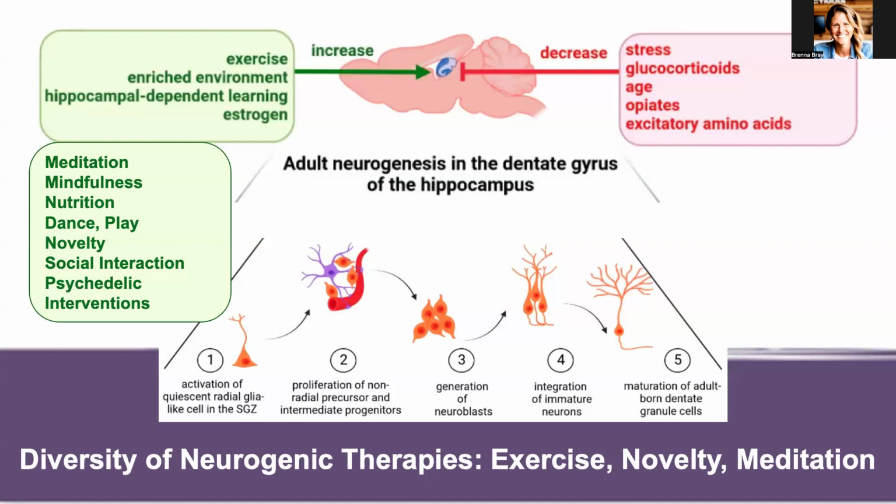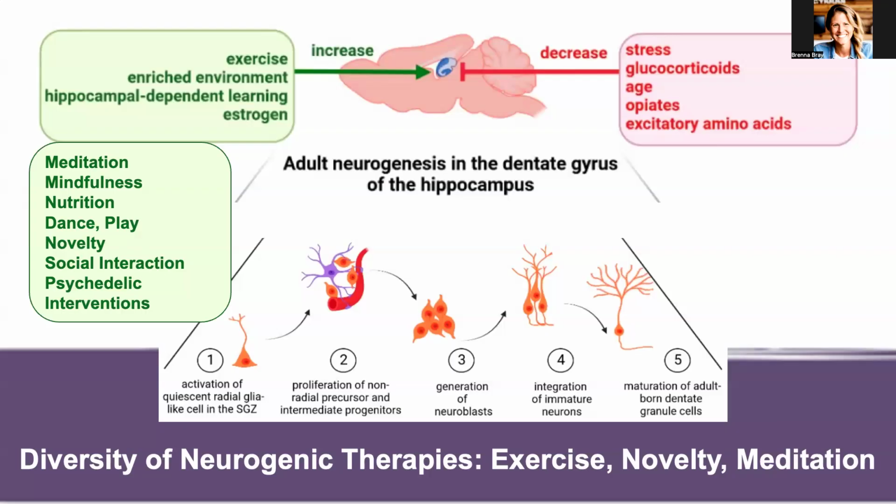This publication focused on exercise and enriched environments, and that can look like a lot of different ways to a lot of different people, maybe hanging art on the wall or going outside. Nature provides very, very enriched environments, just environments where there's a lot of stimuli, a lot of visual stimuli, a lot of sensory stimuli, and usually an element of safety and comfort as well.